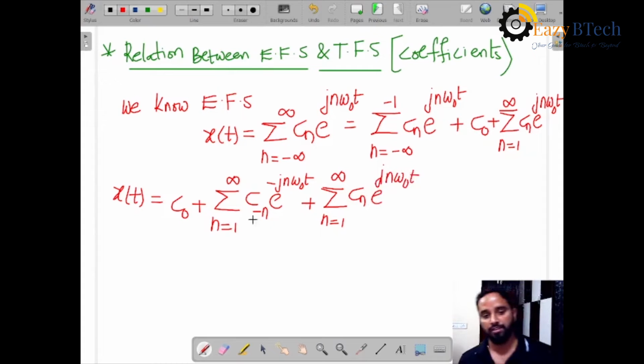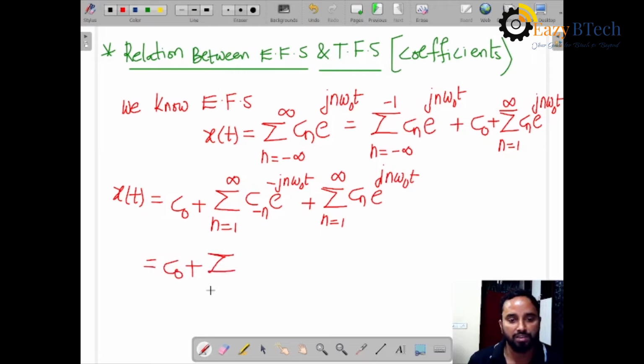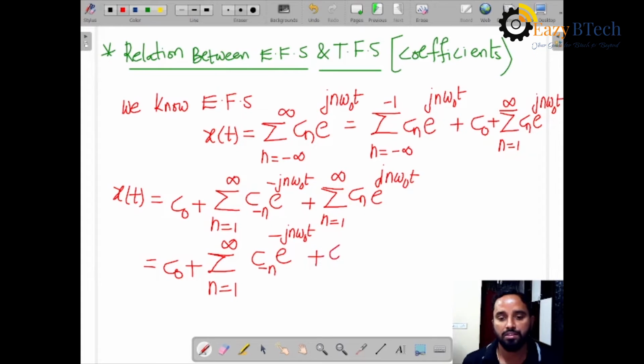I think this step is clear. Here we have negative n values, we make them positive, so n becomes minus n; the other is the same, no change. Both summations run 1 to infinite, so we can take the summation as common. Then C minus n e to the power minus jn omega naught t plus Cn e to the power plus jn omega naught t.